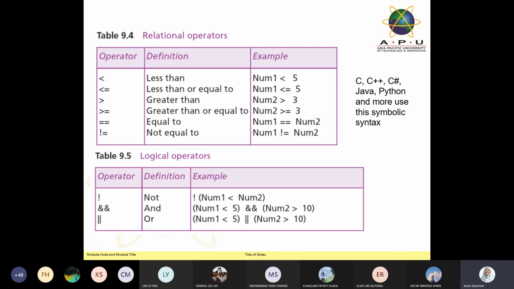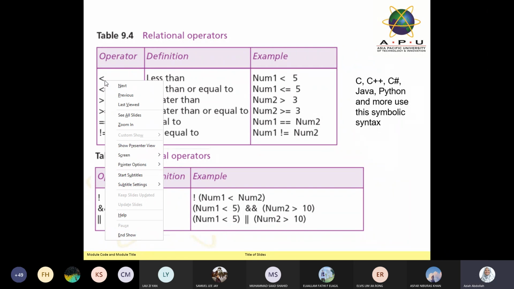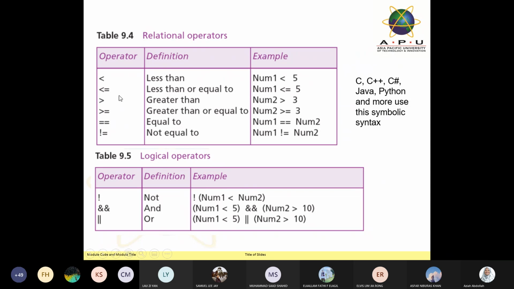If you look, we only have less than, greater than, and not equal, which we can create, but actually we don't have it. And we don't have this equal sign.